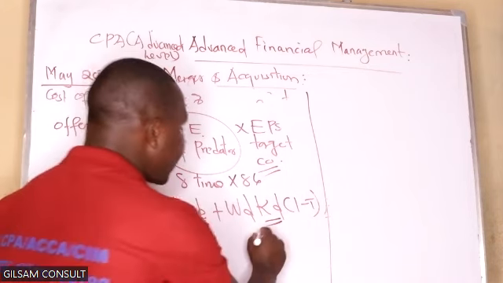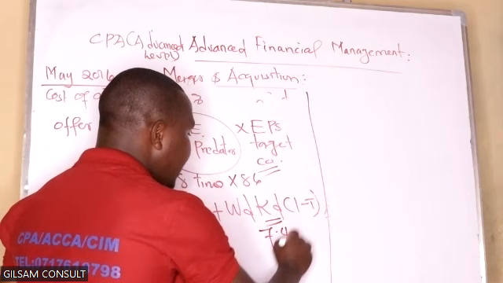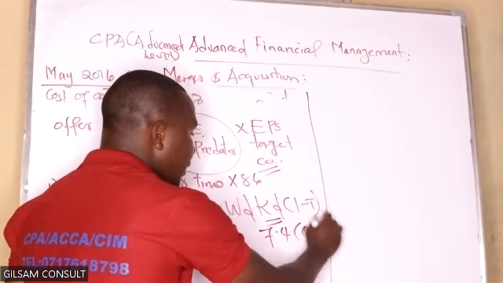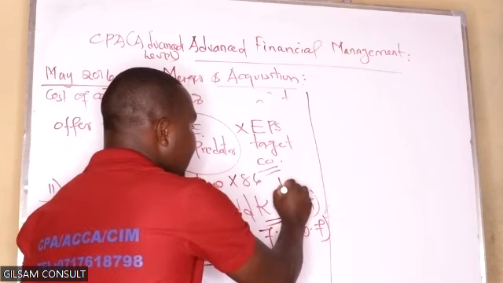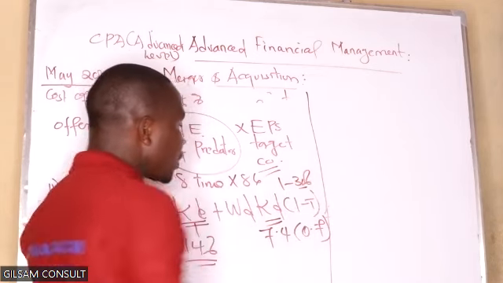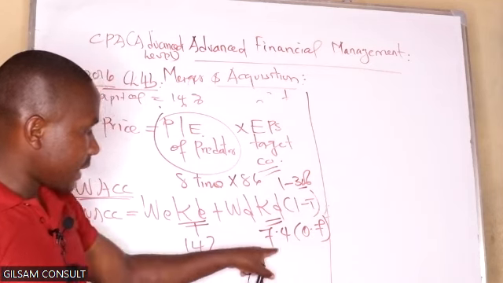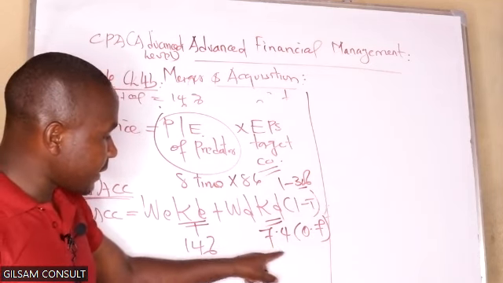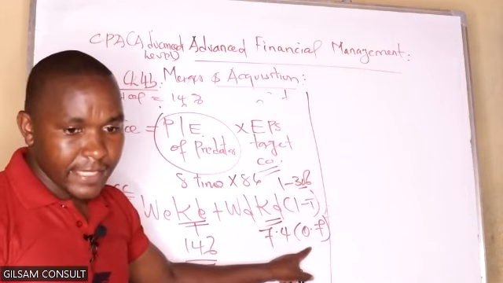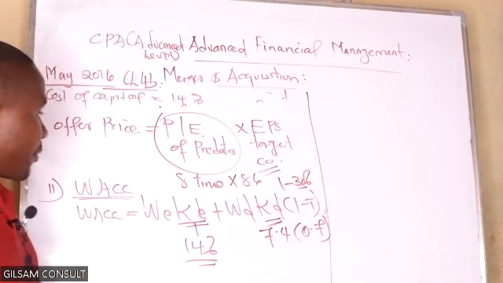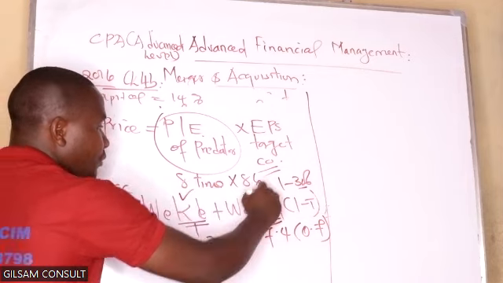So we adjust it with tax, that is 1 minus 30%, which gives 0.7. So it will be 7.4 times 0.7.